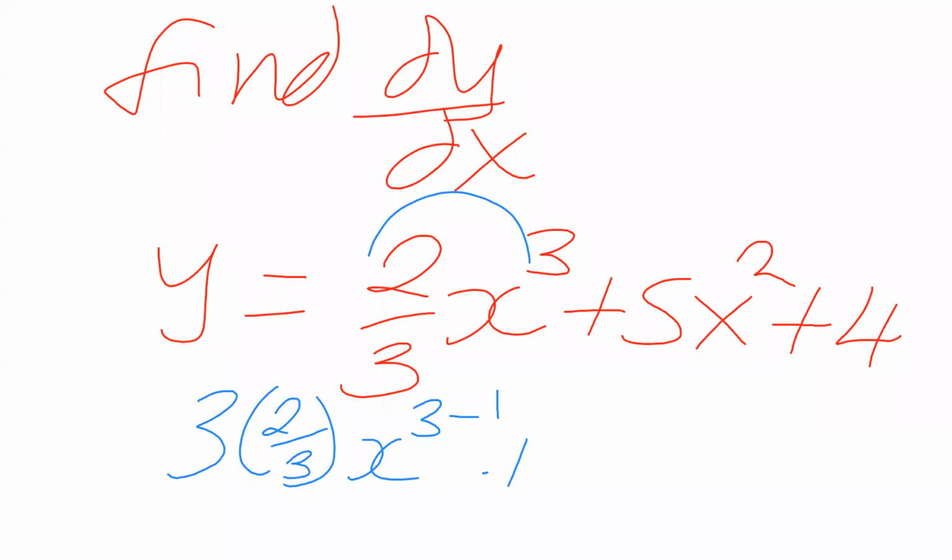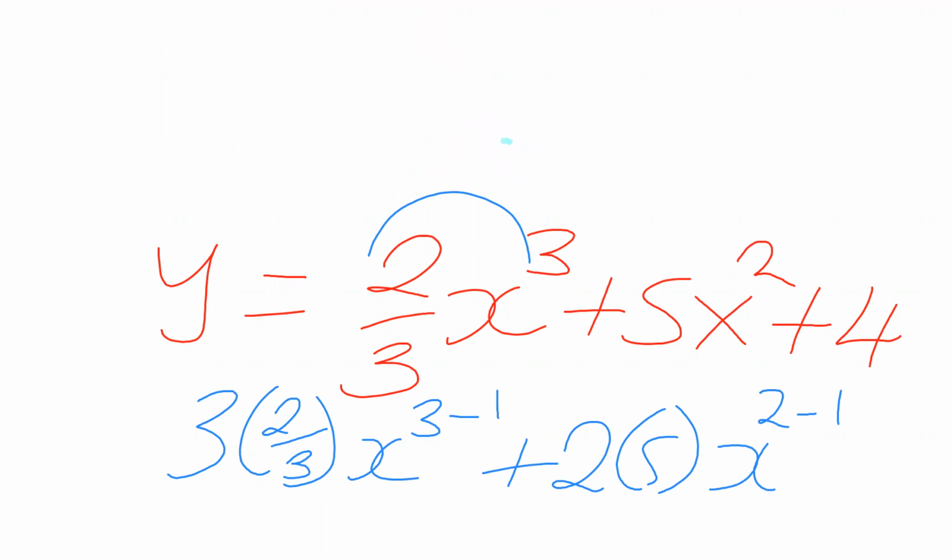Then we'll have plus, you drop the exponent 2, and multiply that with 5x to the power 2 minus 1 again. Then always when you're differentiating the constant, as I said, it becomes 0.